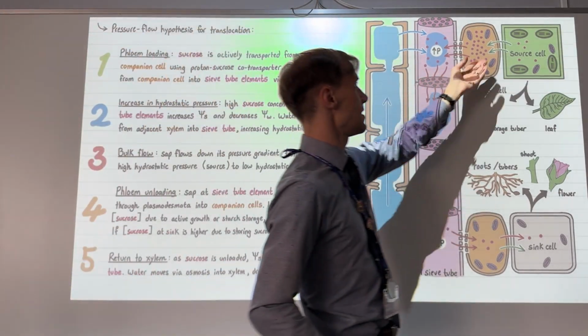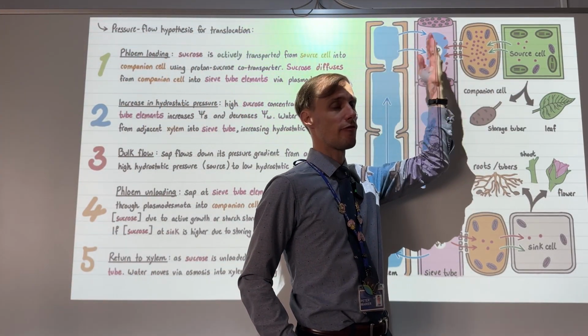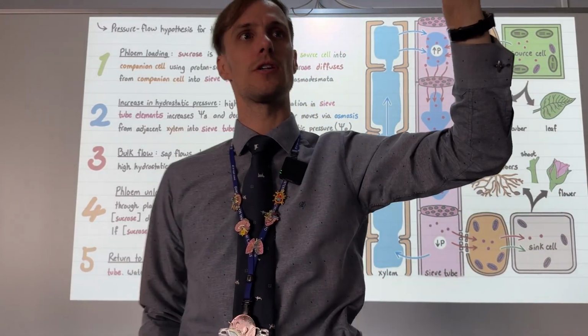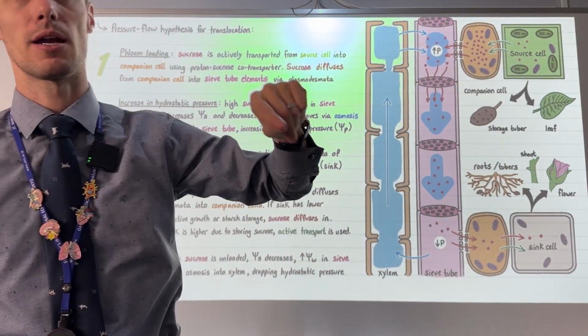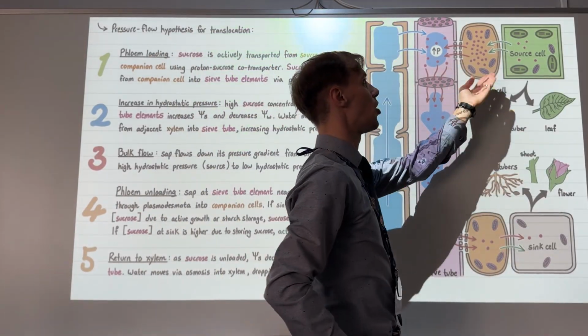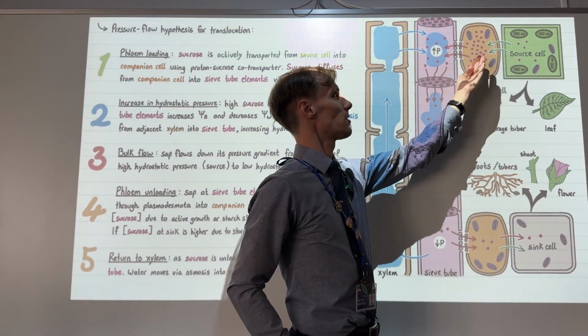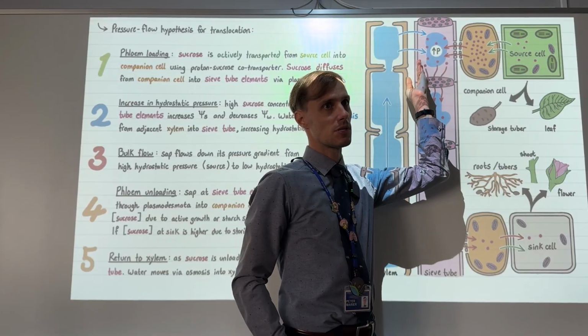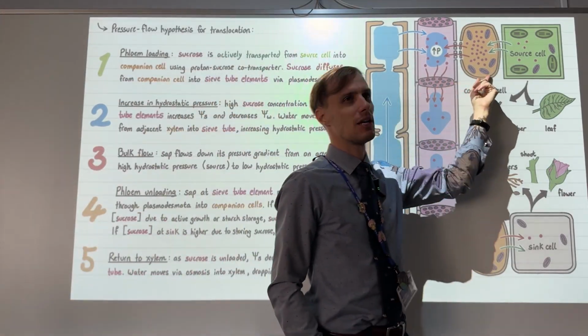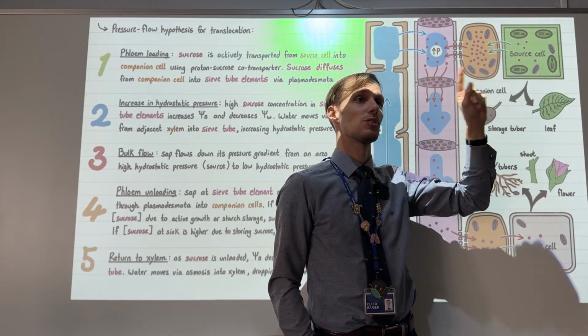Now, this is going to passively flow into the sieve tube cells through the same structure that we've already talked about, plasmodesmata. So there's also gaps here, and they're going to flow constantly from the companion cell into the sieve tube cell. If you were wondering why active transport had to happen here in the first place, this is why.